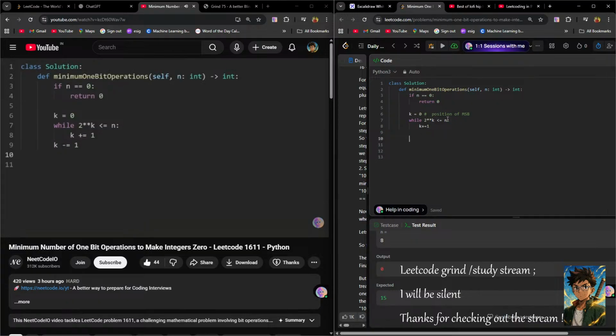And then we return the solution, which we probably can't really intuitively figure out by looking at it. That's why the drawing explanation is so important. And we found that the formula is 2 to the power of k plus 1 minus self dot minimum 1 bit operations. That's just the name of this function that we're in. And how do we get the remaining bits with the exclusive OR?